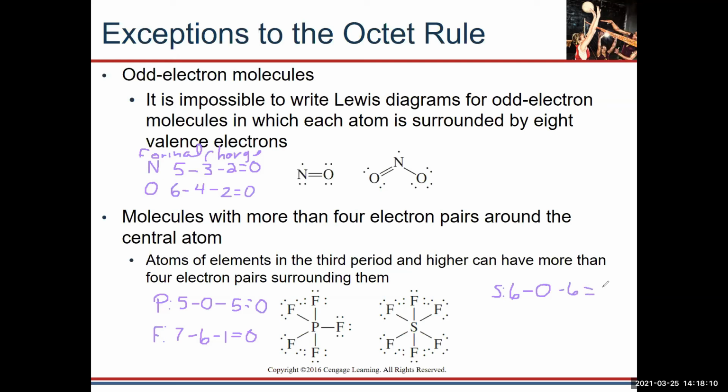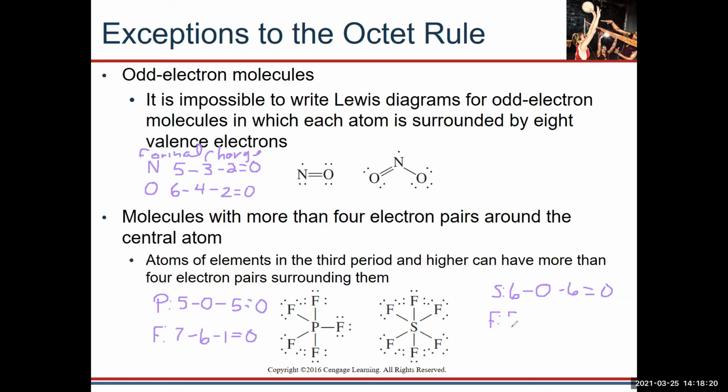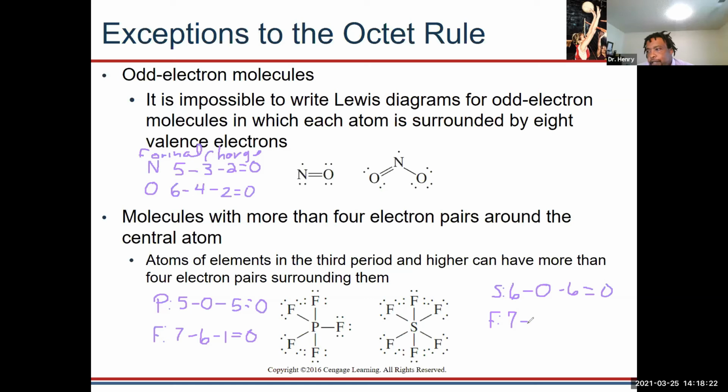And then one of the fluorine. Number of valence electrons, 7. Number of lone pair electrons, 6. Number of bonds, 1. Okay, piece of cake.